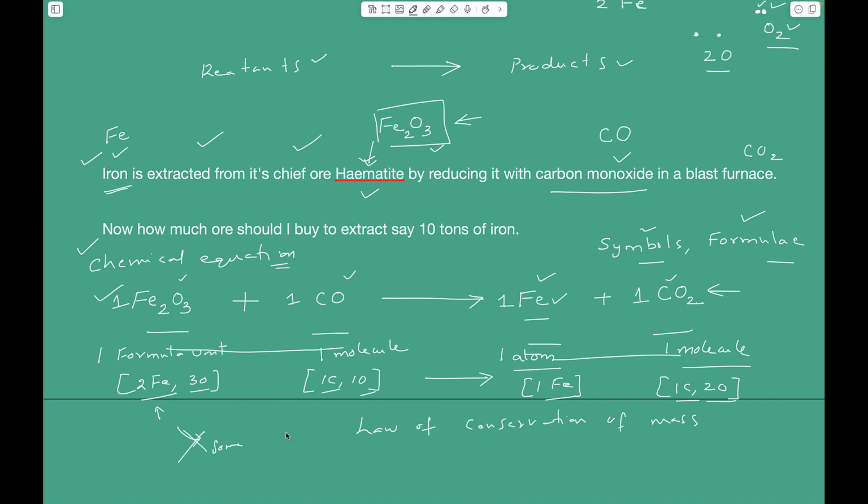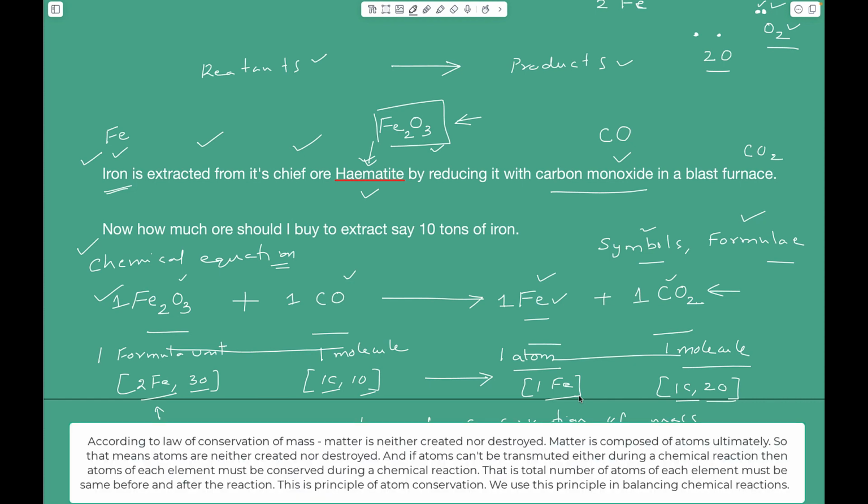Impossible. So that means during a chemical reaction, the total number of atoms of each element must be same before and after the reaction. Obviously, right? You cannot change an iron atom into an oxygen atom during a chemical reaction.